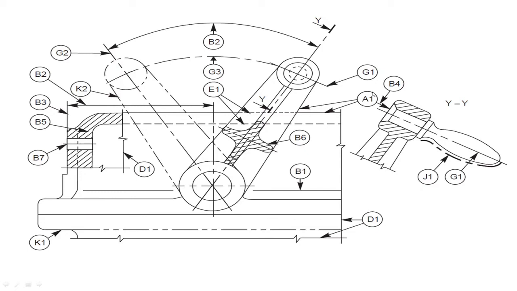Next is B. C line is not there. You have D lines here. This is a breakout portion. This zigzag line indicates that if a part has a longer distance and you want to represent it in a shorter form, you can just break it out and represent it.